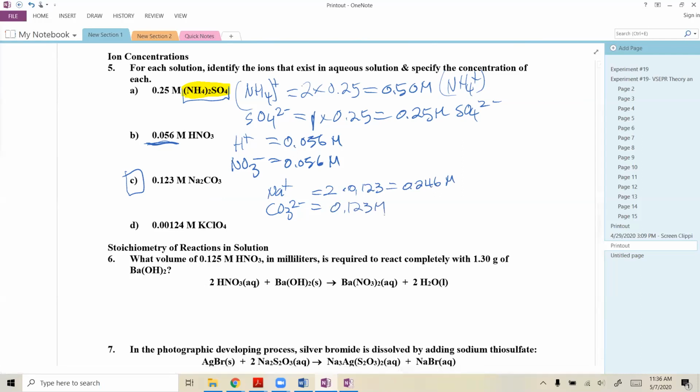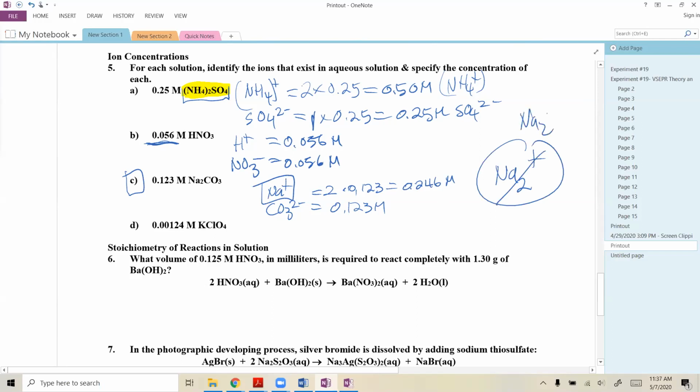Now, do you guys have any questions about that part? So when we talk about the ions, just make sure that you leave it as Na plus. It shouldn't be Na2 plus. That's not correct, right?